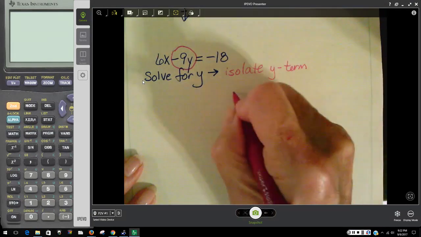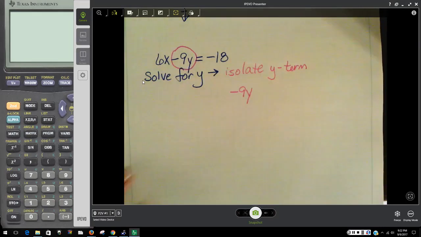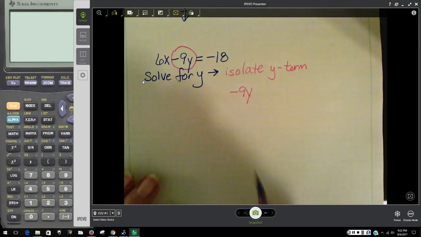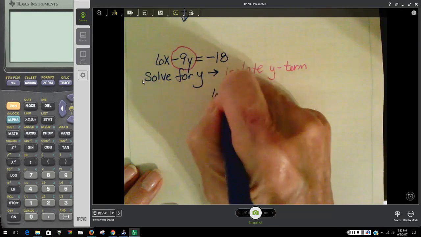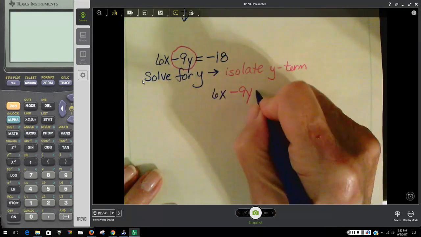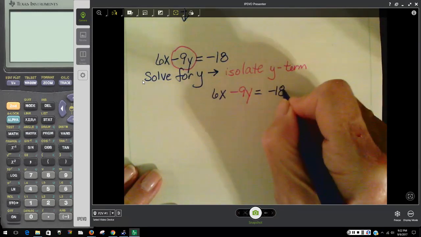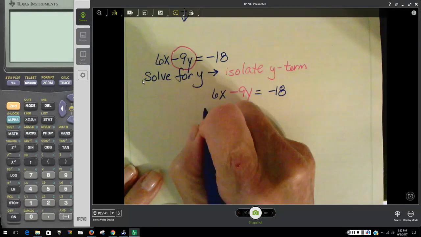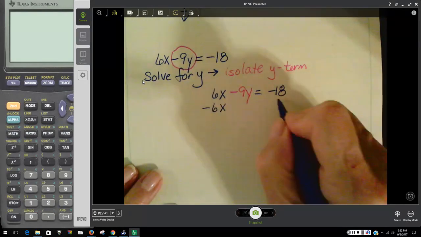So we have minus 9y that we want to get by itself. We have 6x minus 9y equals negative 18. What we need to do is subtract 6x from both sides.